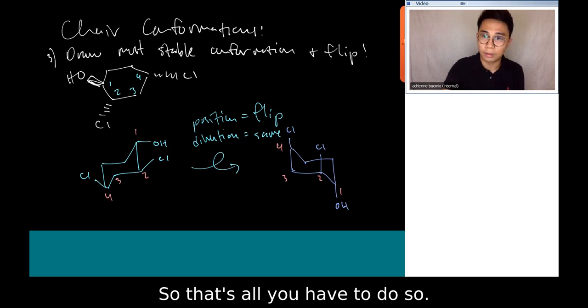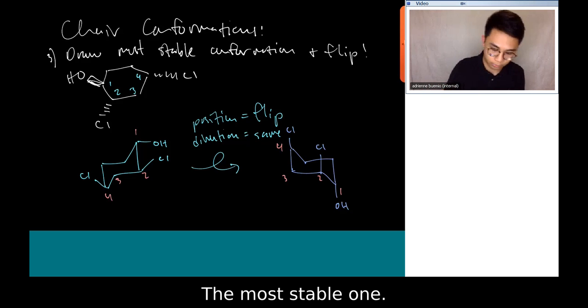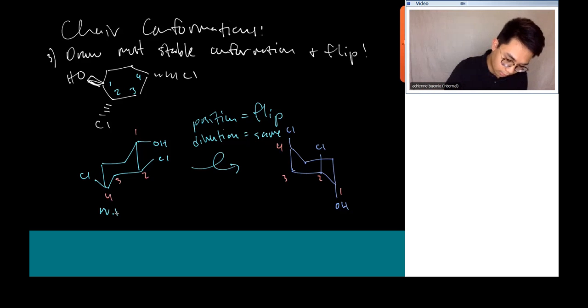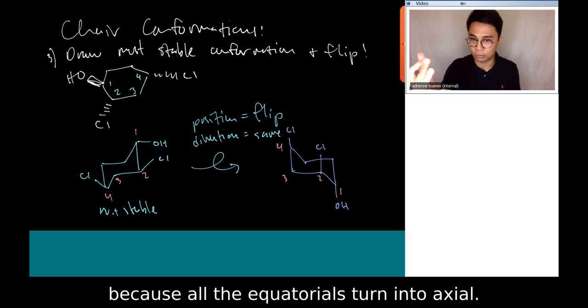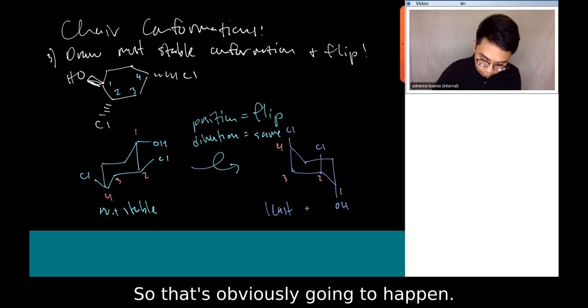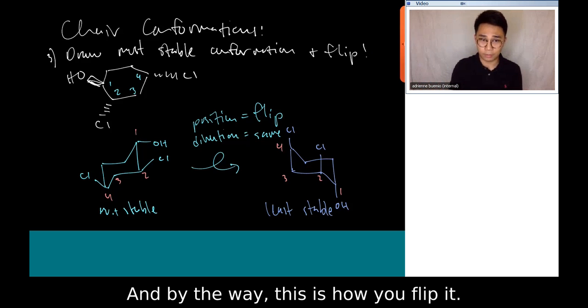So you can see which one it will prefer: the most stable one, right? And it flipped to the least stable, which makes sense because all the equatorials turn into axial. That's obviously going to happen. And by the way, this is how you flip it, right?